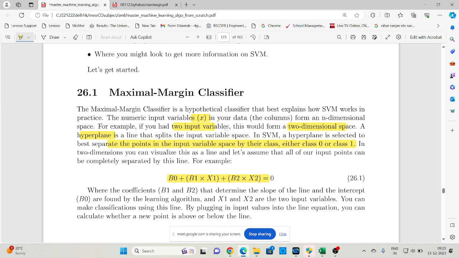But let us say you have two input variables. Then our plane becomes a two-dimensional space. A hyperplane is a line that will be splitting this input variable space. The hyperplane is selected in such a way that it separates the points in the input variable space by their class, either class 0 or class 1.